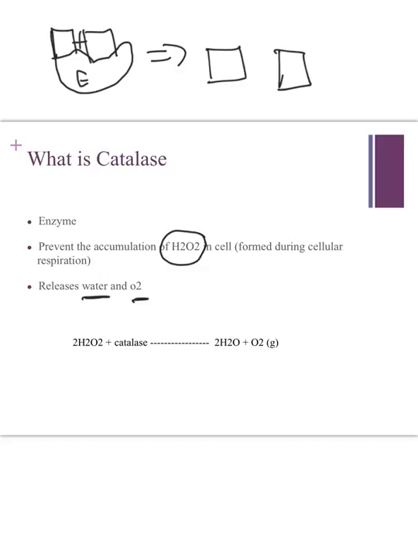And this maximizes the enzyme's ability to catalyze a reaction. And again, the purpose of this is to lower the activation energy for the reaction to occur. The reaction would normally occur anyway, but the enzyme is going to allow it to occur with less energy.